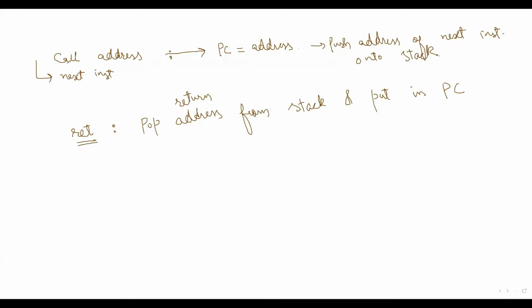So you can see that implementing subroutines, if we have to implement subroutines, we have to do two things. We have to first initialize the stack pointer, then use call and return instructions to use the subroutine.